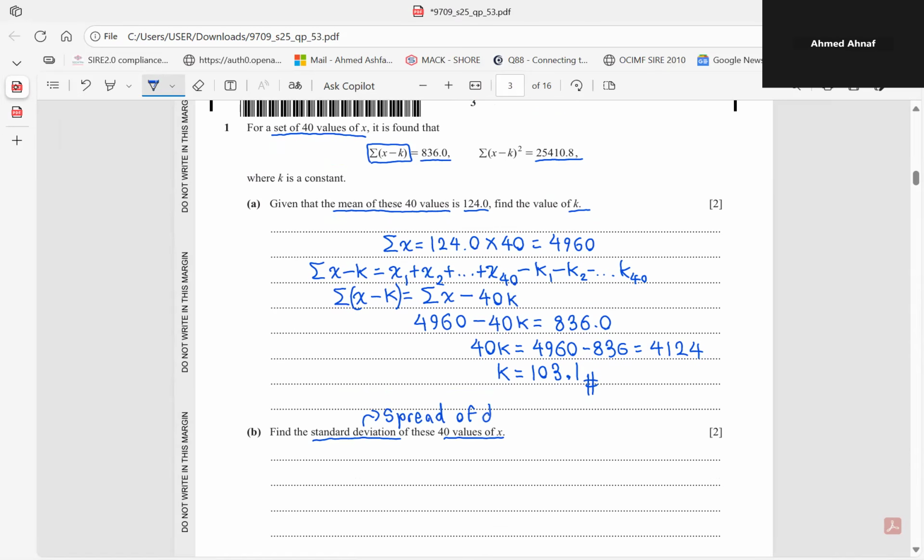So if you add or minus the same number to each value of x, the spread is not going to change. So you don't have to change anything to this. You can just use this as it is.